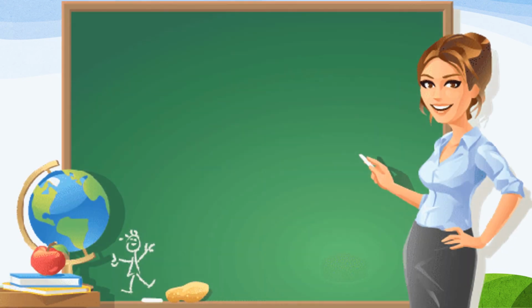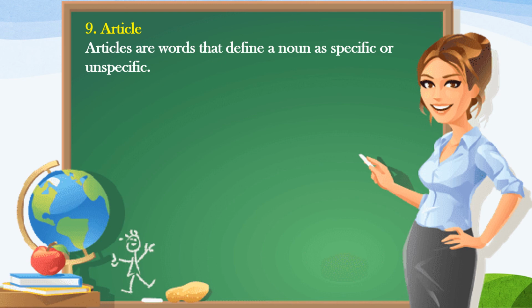Okay, let's come to the last one. The last part of speech, the articles. The articles are words that define a noun as specific or unspecific. It means if I want to talk about nouns, I may add an article to show if it is a specific noun or an unspecific noun.